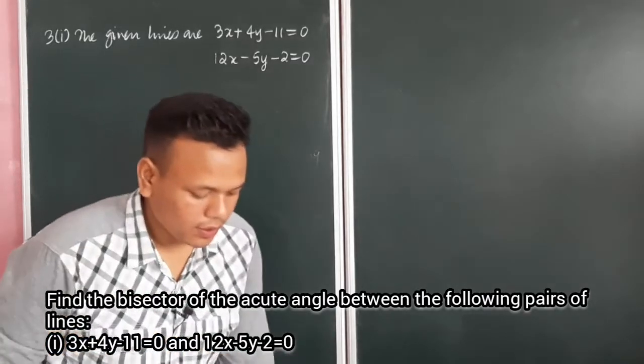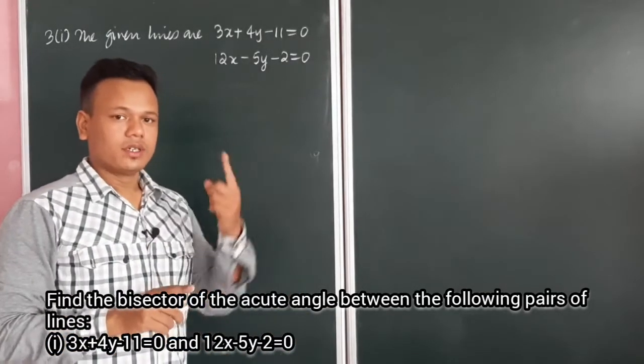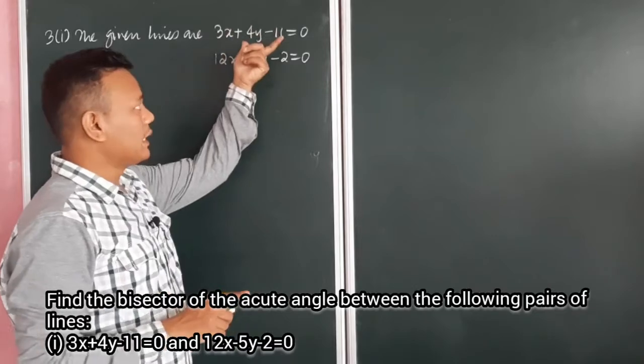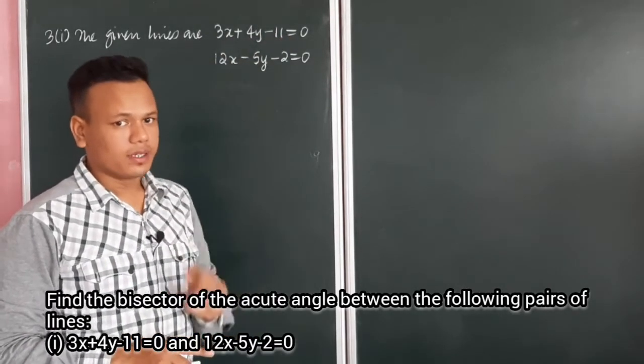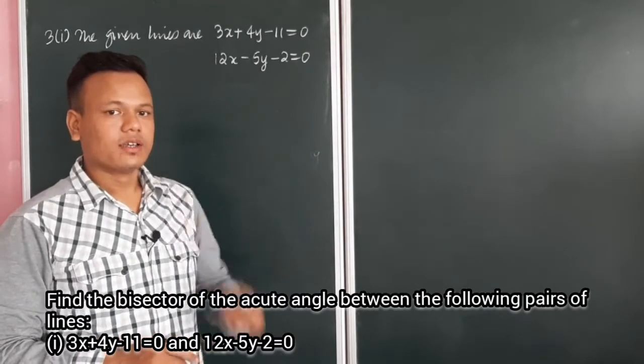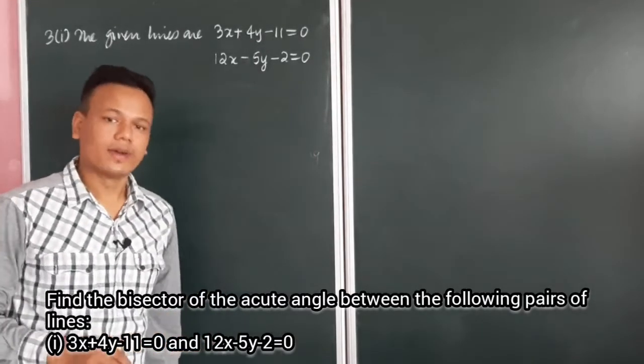They are asking for the bisector of the acute angle, that means the angle of intersection between any line which you choose and the bisector must be less than 45 degrees, or tan theta must be less than 1, isn't it? So that's what we need to find in this case.